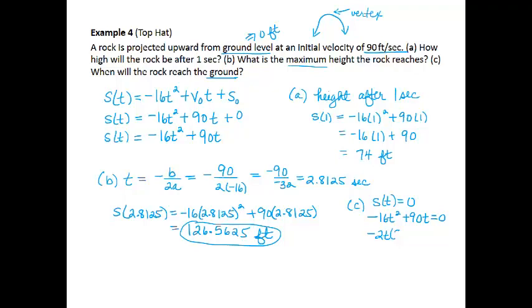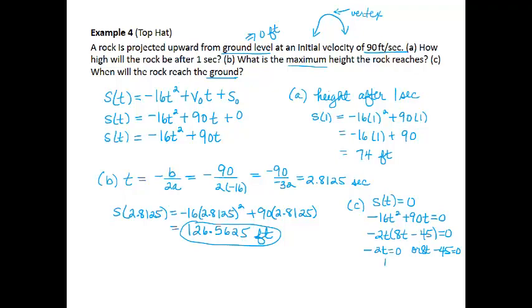So that's going to leave 8t minus 45 equals 0. Then we set each of those to 0, so we have negative 2t equals 0, or 8t minus 45 equals 0.